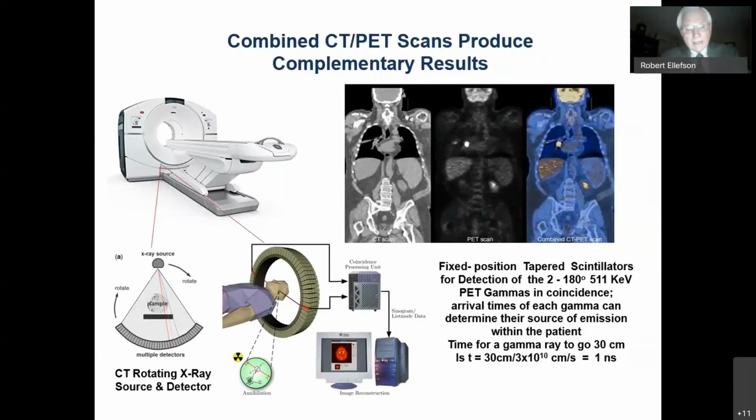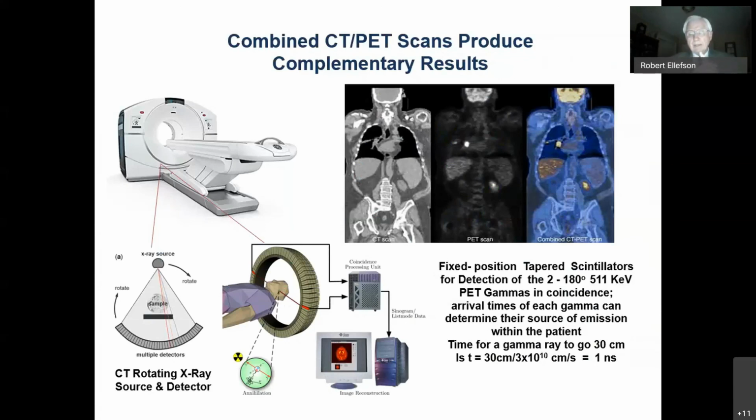Simultaneously, you measure with fixed position tapered scintillators the detection of the two 180-degree apart 511 keV PET gammas. You can tell that they're related and came from an annihilation event because they have to be detected within 1 nanosecond of each other. That's basically the net distance difference that they can travel between them.